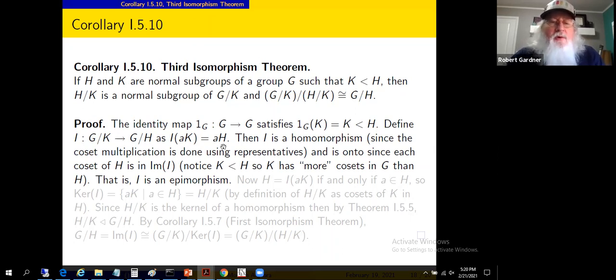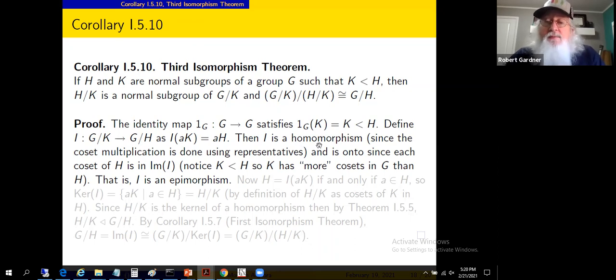So here we're taking the left coset of K in G, aK, and mapping it to the left coset of H in G simply as aH. So it's a pretty naive approach. So if it works, all's the better.